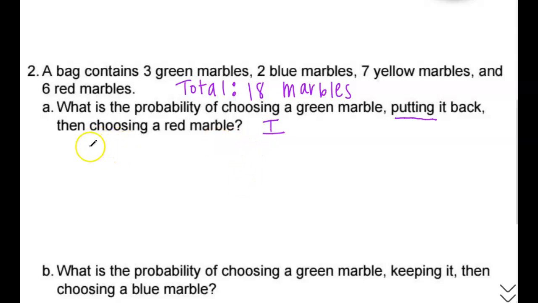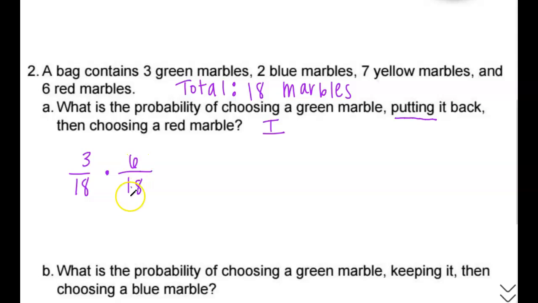Alright, let's calculate choosing a green marble out of the 18. How many are green? Good. And then we put the marble back so the sample space remains the same. The total is still 18. And now what is the chance of getting red? 6 over 18.